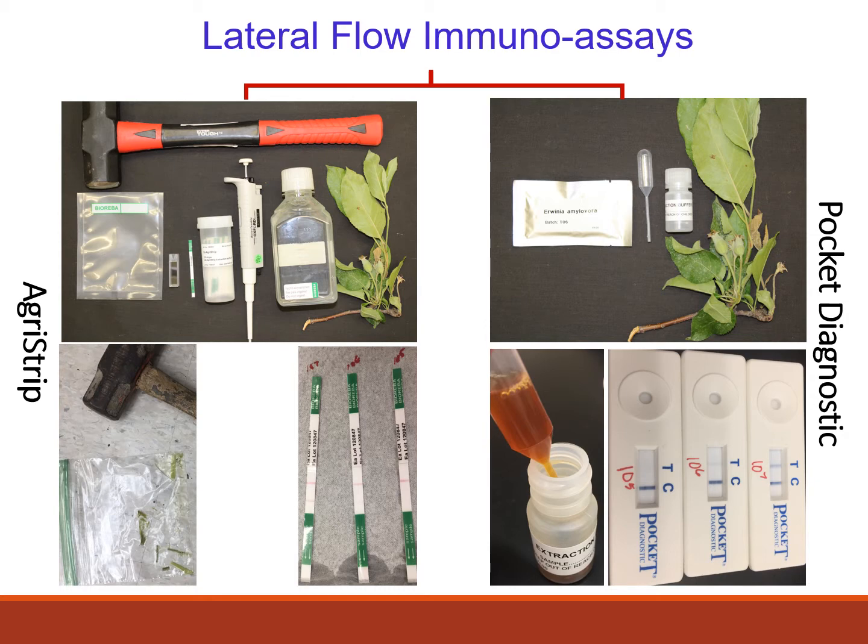Both of these strips have control and test lines, and if you have both lines visible, for example this blue line on Pocket Diagnostic on extreme right side, then it means your sample is positive for fire blight.